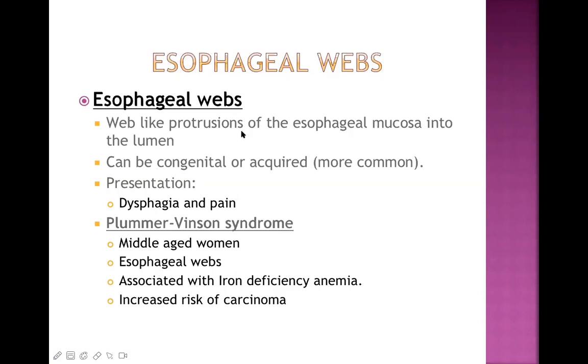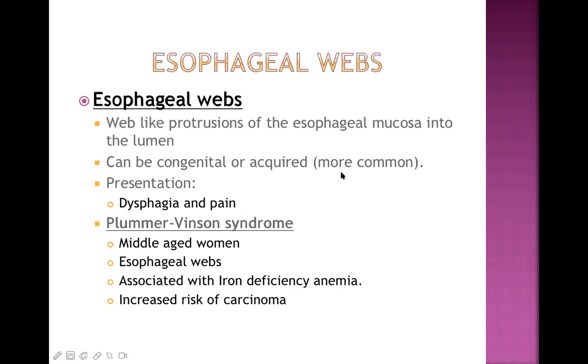So it is a web-like protrusion of the esophageal mucosa into the lumen, and this web can obstruct the esophagus. As a result, dysphagia may be there. Dysphagia is difficulty in swallowing. At the same time, pain may also occur, but more common is dysphagia. It can be congenital or acquired.